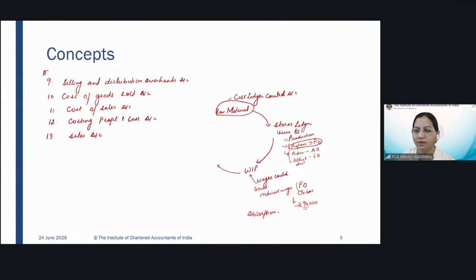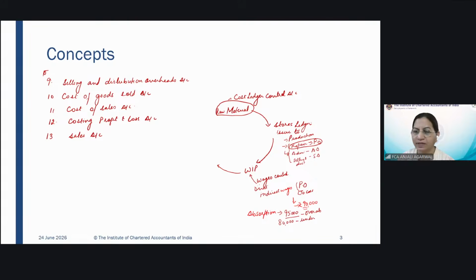So, for example, on the basis of the predetermined rate, the production overheads absorbed in the WIP are, let's say, 95,000. If 95,000 are charged, we call it an over absorption. And if production overheads are charged at just 80,000, we call it an under absorption.